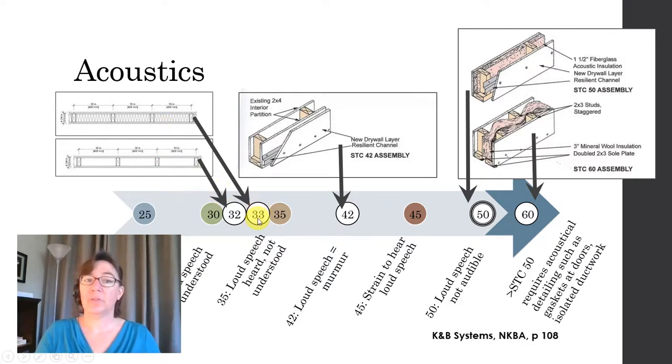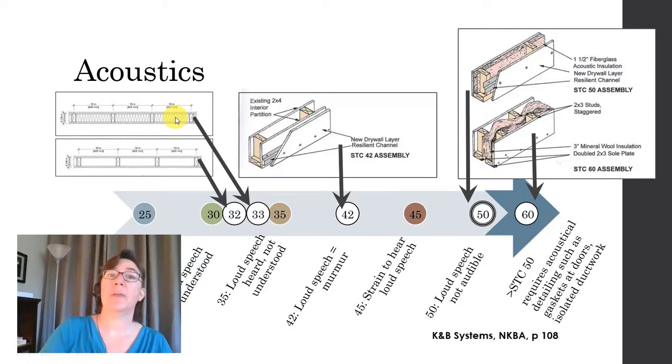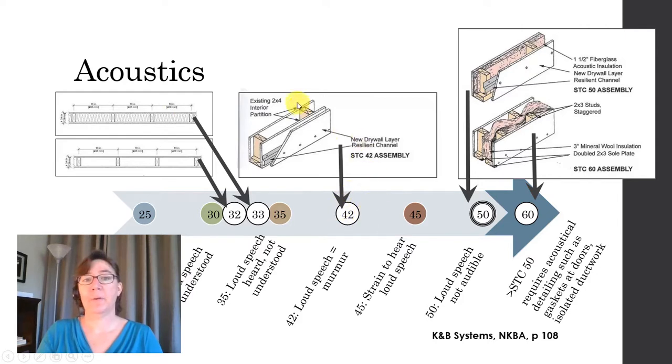At 33 STC, here is our typical interior partition with added cavity insulation. Up here at 42, we've got an existing 2x4 wall. Keep that in place, don't change a thing, but add resilient channels and hang the drywall on top of it.